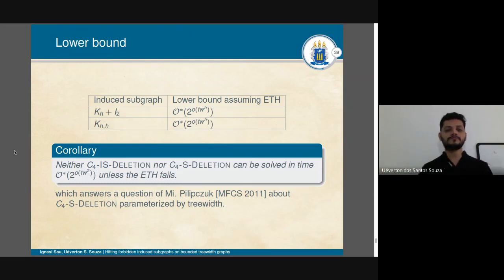We also show, as a corollary of the last case, that C4 induced deletion and C4 subgraph deletion cannot be solved in time 2 to the treewidth squared, unless ETH fails, and that closes the question of the MFCS 2011.